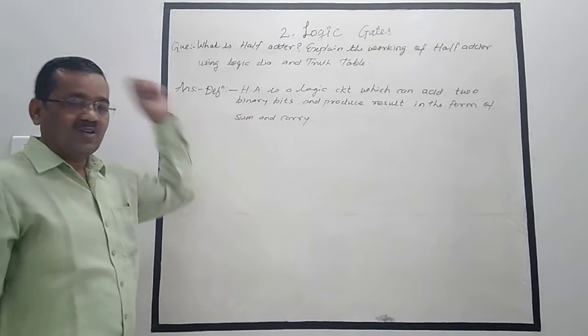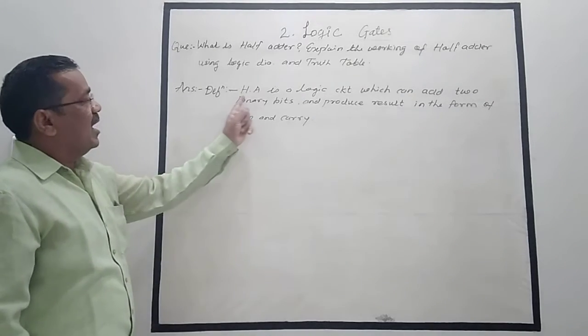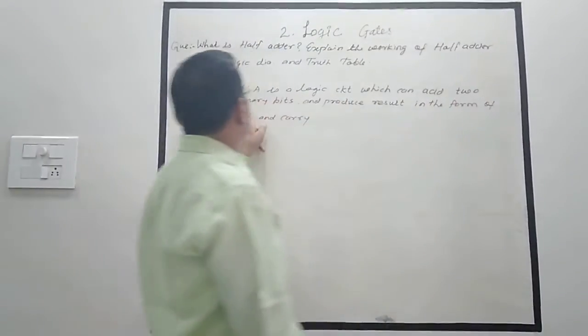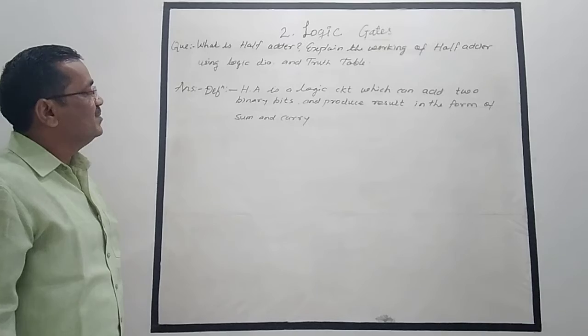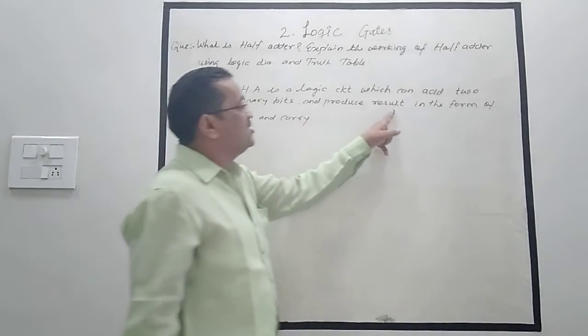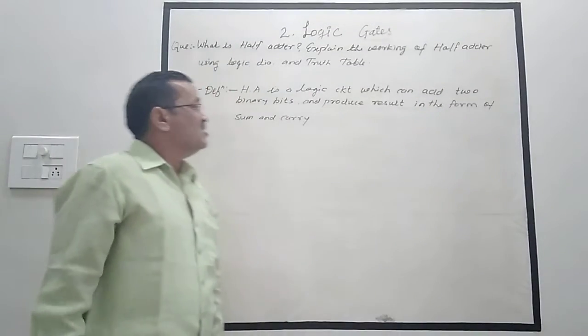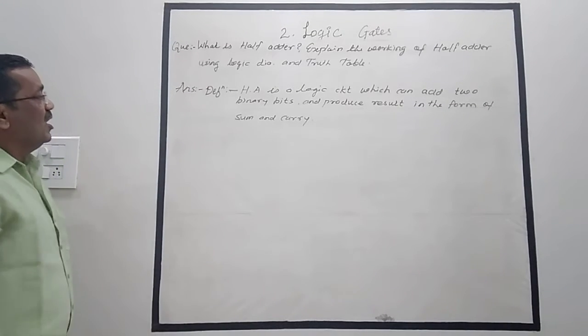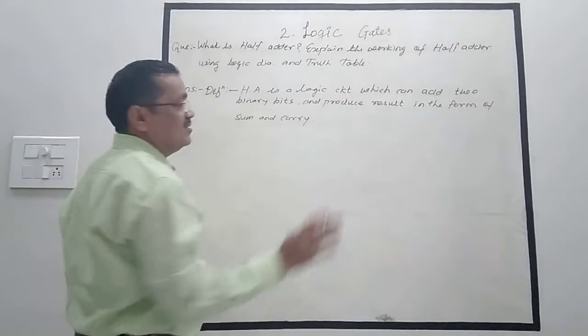This is the definition of half adder. Half adder is a logic circuit which can add two binary bits and produces the result in the form of sum and carry. What is half adder? Completed.